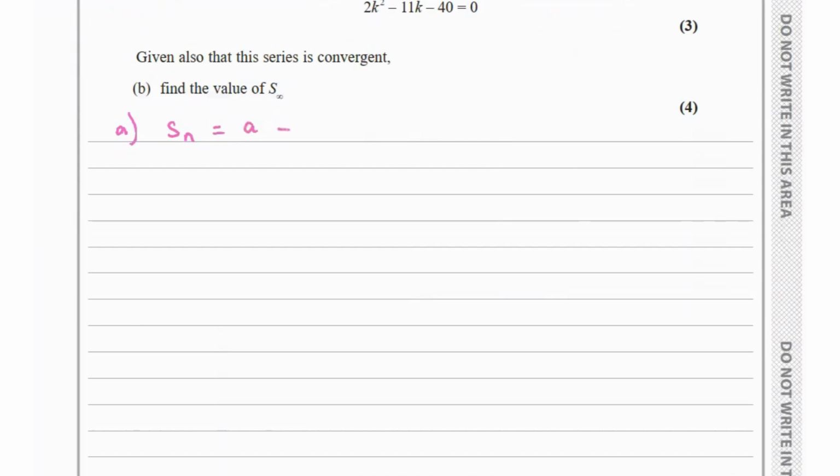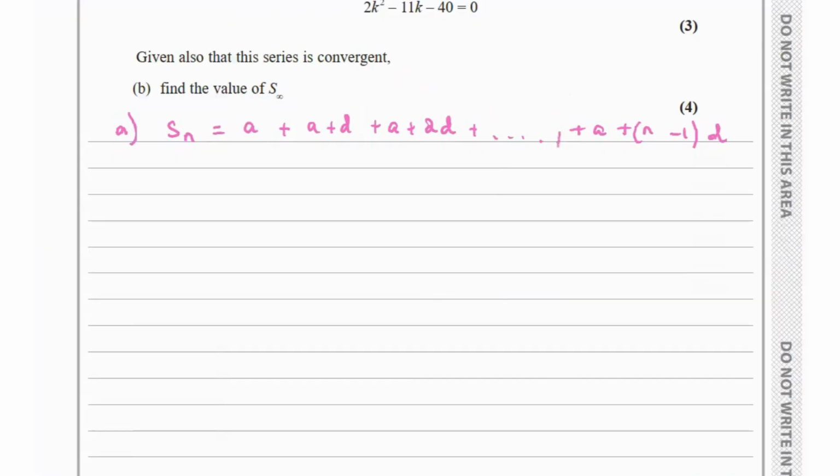The second term is going to be a plus the common difference. The next term is going to be a plus 2d, and so on. And then our last term is going to be a plus n minus 1 times d, which is basically your nth term.